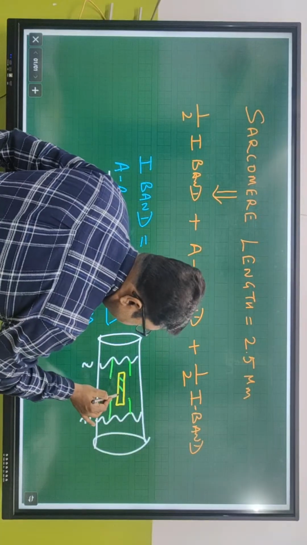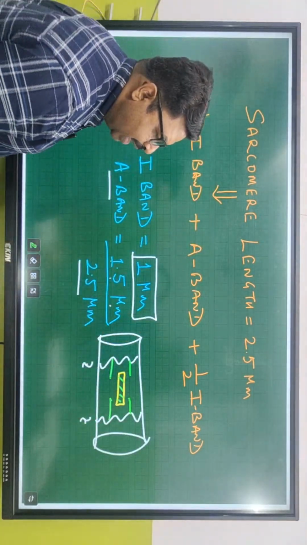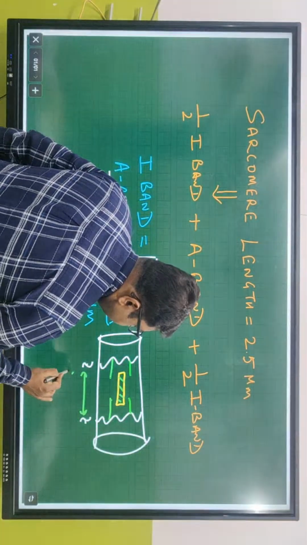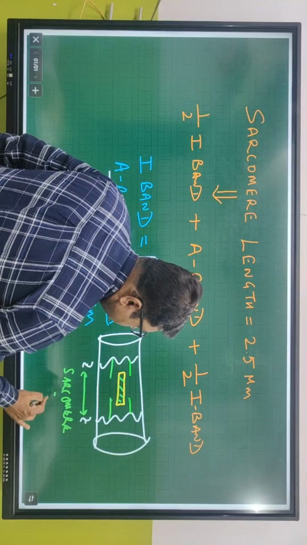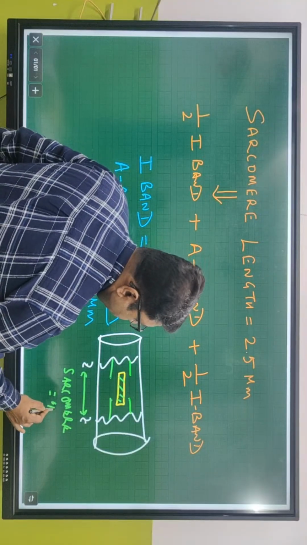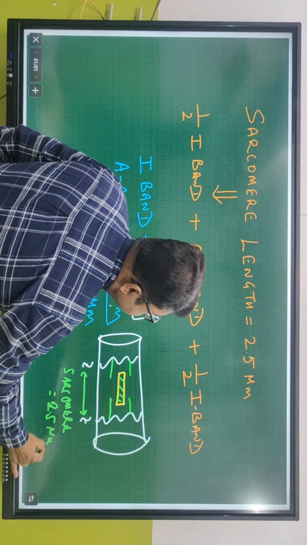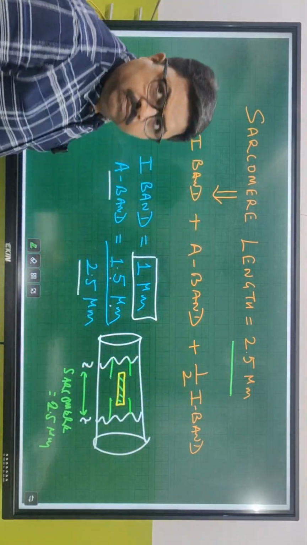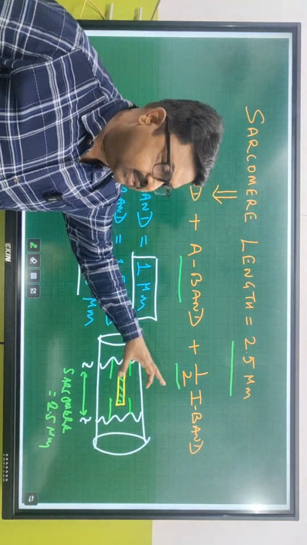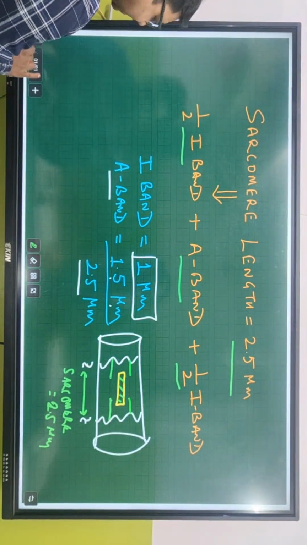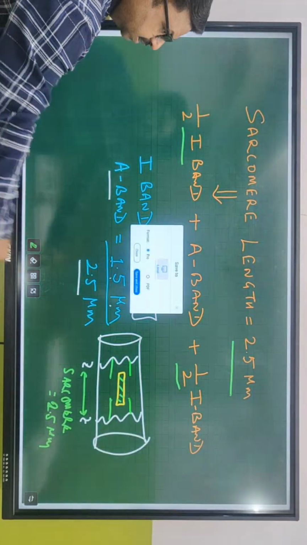Together this makes the sarcomere length, which becomes 2.5 micrometer. So half of the I band plus the full A band plus half of the I band makes 2.5 micrometer. That is the length of the sarcomere.